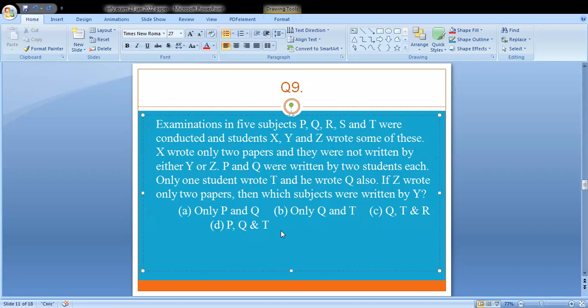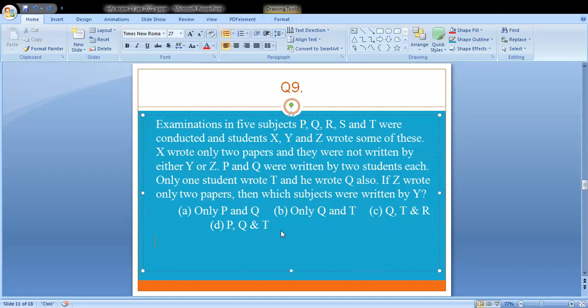X wrote two papers which were not written by Y or Z. That means if X wrote two papers, Y can write those two papers or Z can write, anyone can write, both cannot write. P and Q papers were written by two students each.